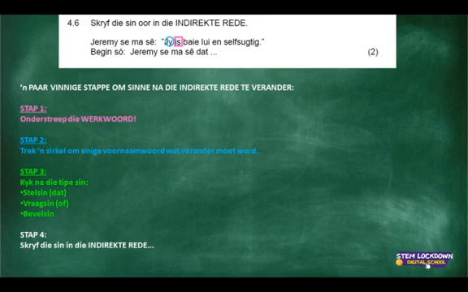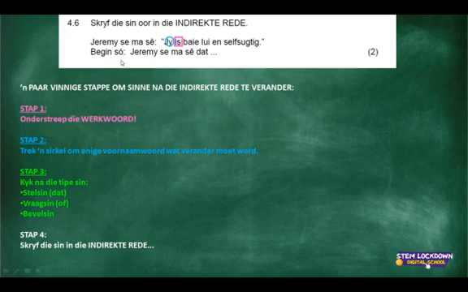Those are usually the ones that change. Dan stap 3, sê, kyk na die tipe sin. Is dit 'n stelsin? Look at the type of sentence. Is it a statement? Because then you're going to use that to join the introductory sentence with the direct speech. In this case, the sentence is a statement, and they have been very kind to tell you what to use to join the two sentences.